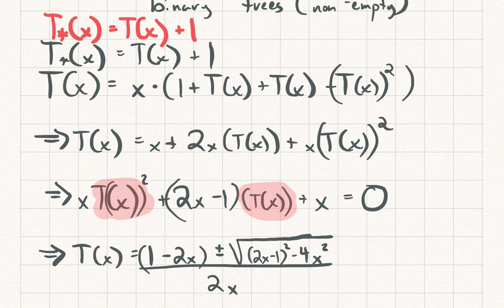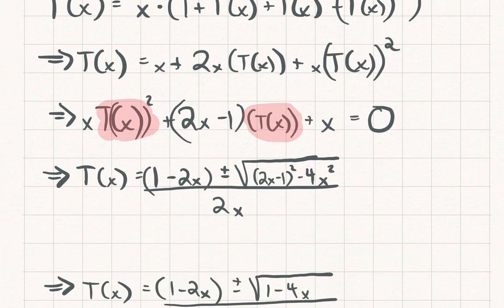So negative b, so that's 1 minus 2x, plus or minus the square root of b squared, (2x minus 1) squared, minus 4ac, so minus 4 times x, so that's 4x squared, all over 2a, all over 2x.